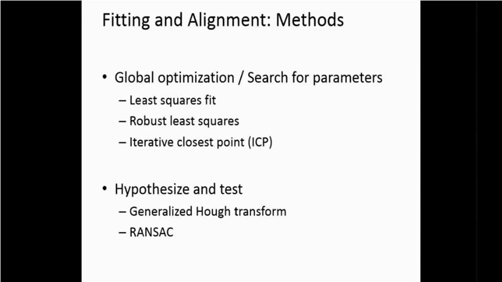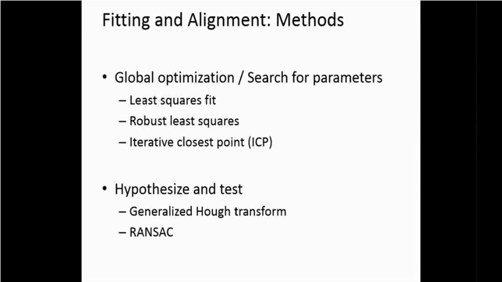So we're going to talk about some global optimization methods, like least squares fit, robust least squares, and most likely next class we'll get to iterative closest point. So these are just trying to directly solve for the parameters that best fit the data.